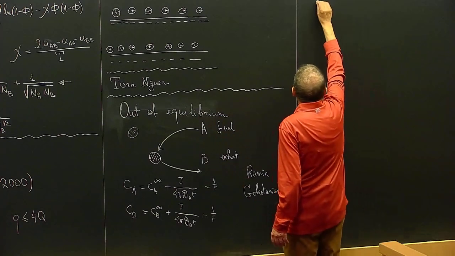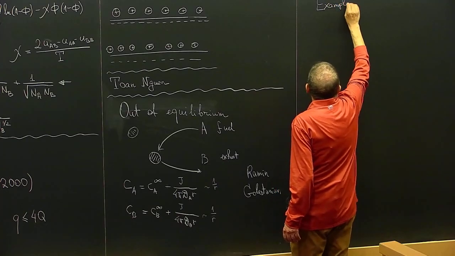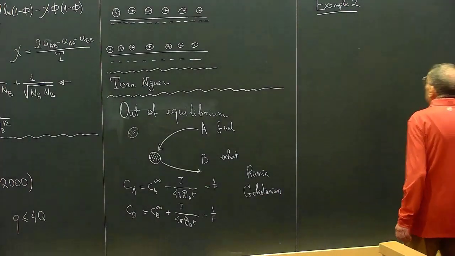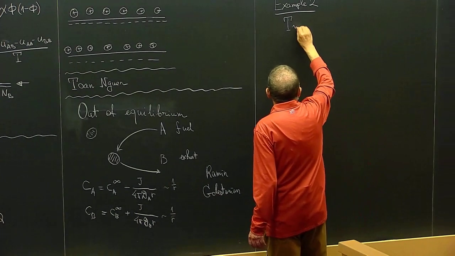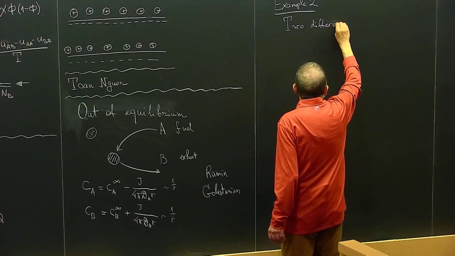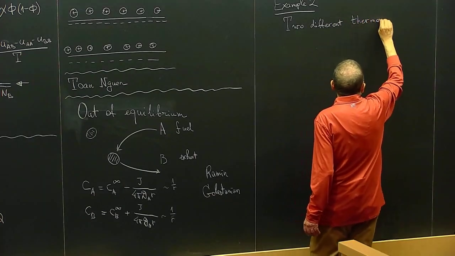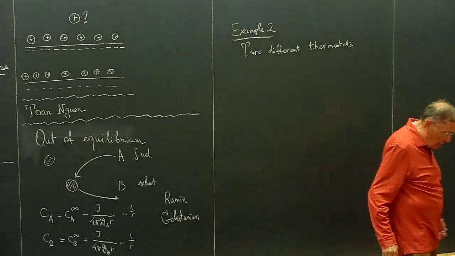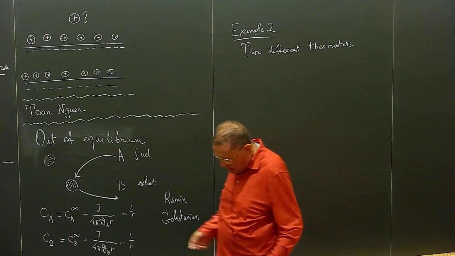So this is example 1. Example 2. Suppose that instead of just one temperature, suppose you have 2 different thermostats. This is a little bit artificial on the surface of things. However, for the biological context, you can imagine that some of the particles are driven by some activity.